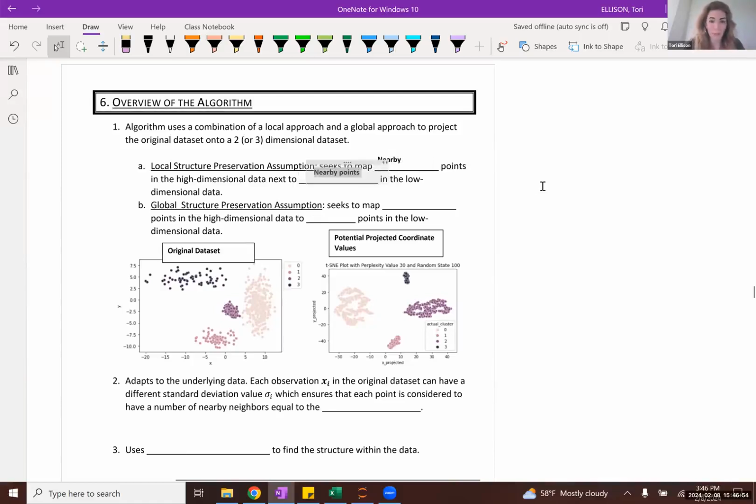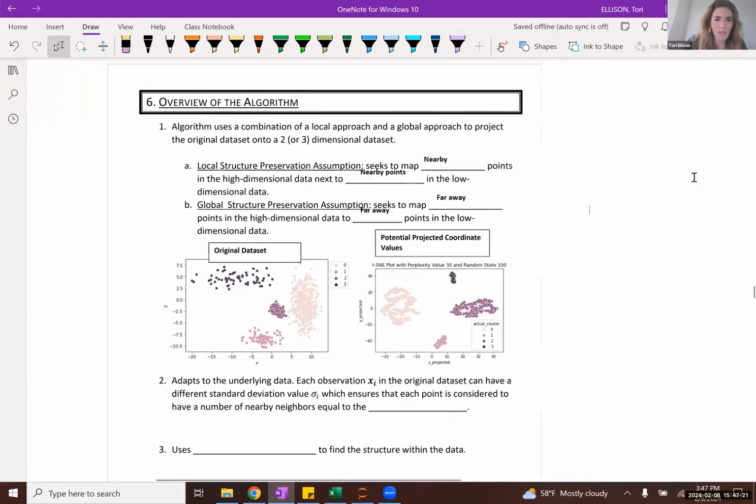So this is what we mean by preserving the local structure of observations. In addition, the way that it's designed also seeks to map far away points in the high dimensional data set to far away points in the low dimensional data set. So this is what we mean by global structure preservation.